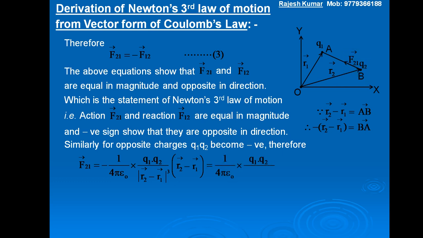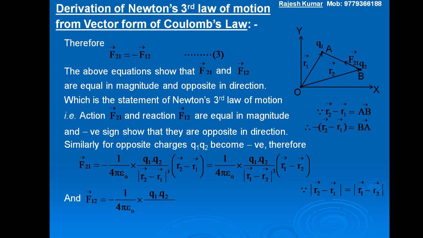and it is equal to 1/4 pi epsilon naught into Q1 into Q2 upon mod cube of R1 vector minus R2 vector, because mod of R2 vector minus R1 vector is equal to mod of R1 vector minus R2 vector, and opening the bracket with minus sign, the bracket becomes R1 vector minus R2 vector.